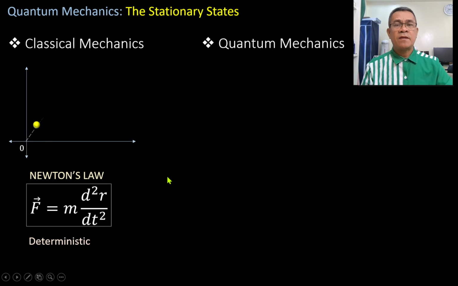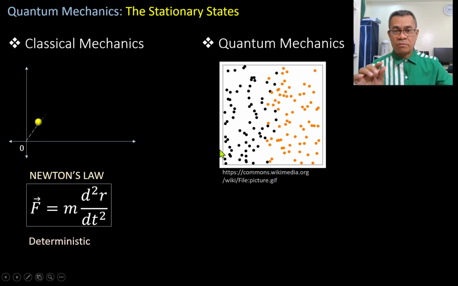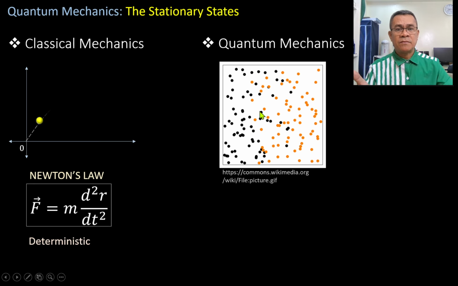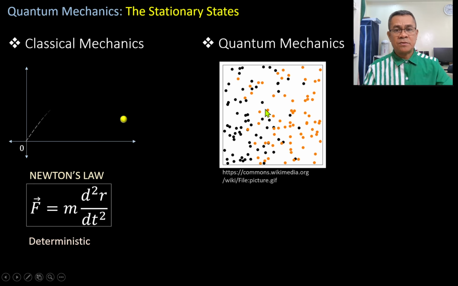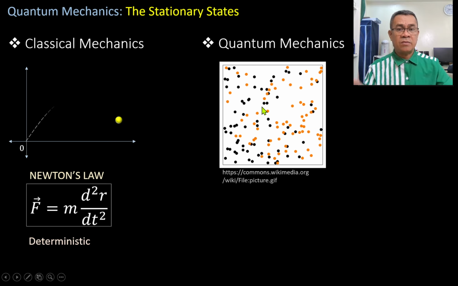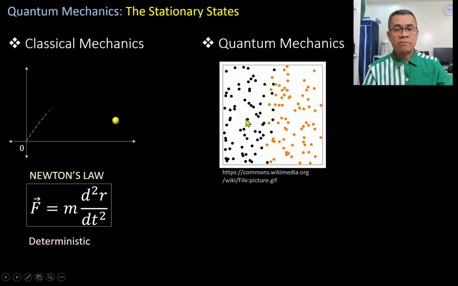On the other hand, in quantum mechanics, the system is composed of tiny particles, very, very small. It can be microscopic, nanoscopic, as long as it cannot be seen with our naked eye, but we know that there are particles inside the system.